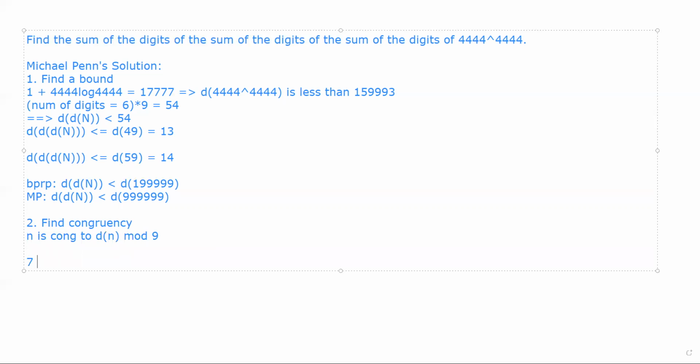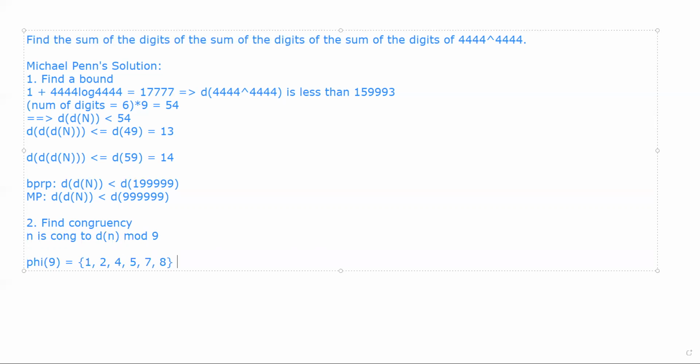I don't remember the exact notation, but I think it was phi of 9, because we're interested in digit sum mod 9. And then he had these curly sets like 1, 2, 4, 5, 7, 8.